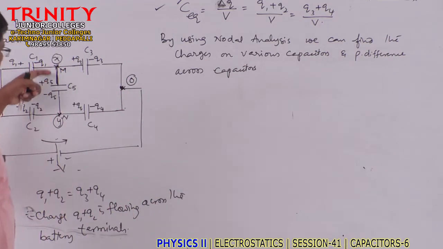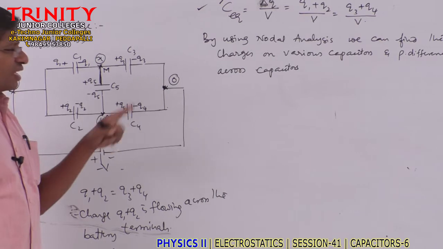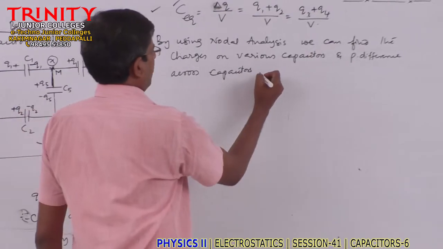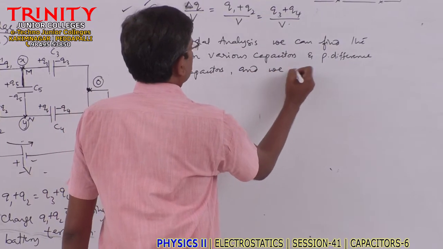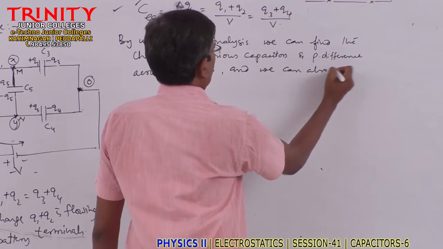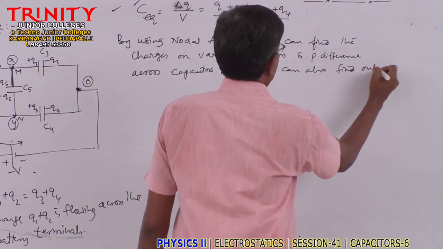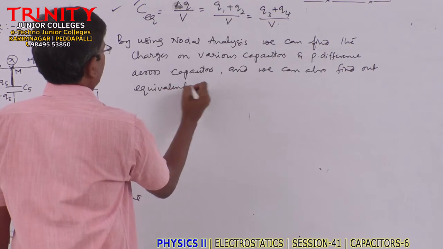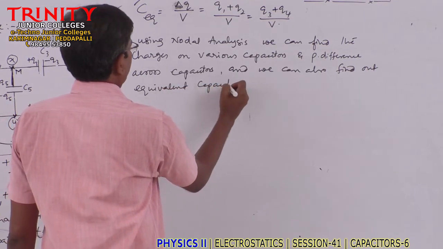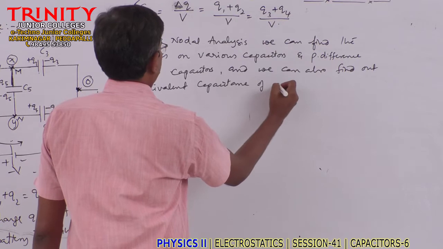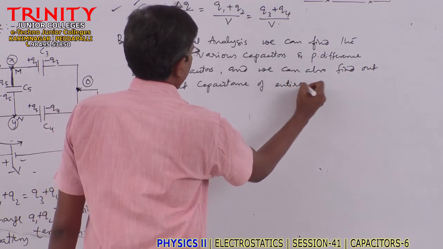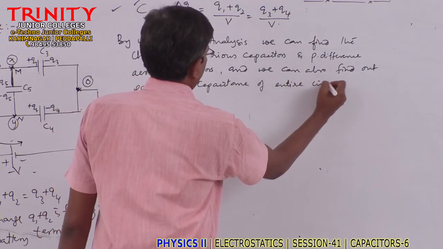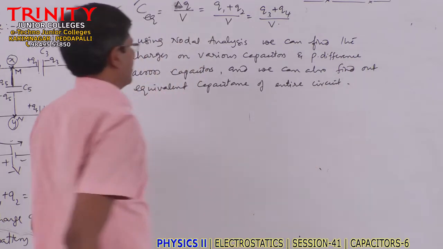Because I want to know the potential difference across C5, that also you can find, and we can also find out the equivalent capacitance of the entire circuit. So these are the questions you can answer by using nodal analysis.